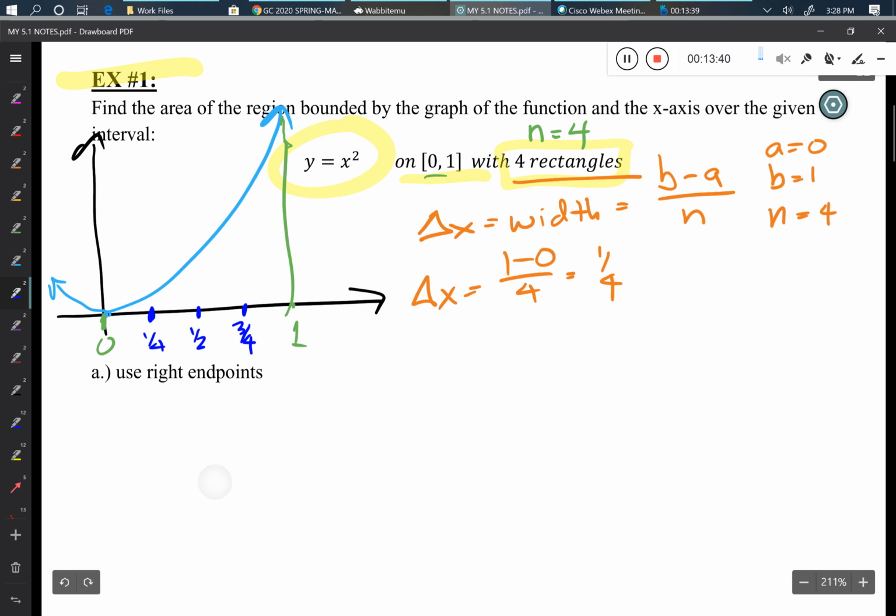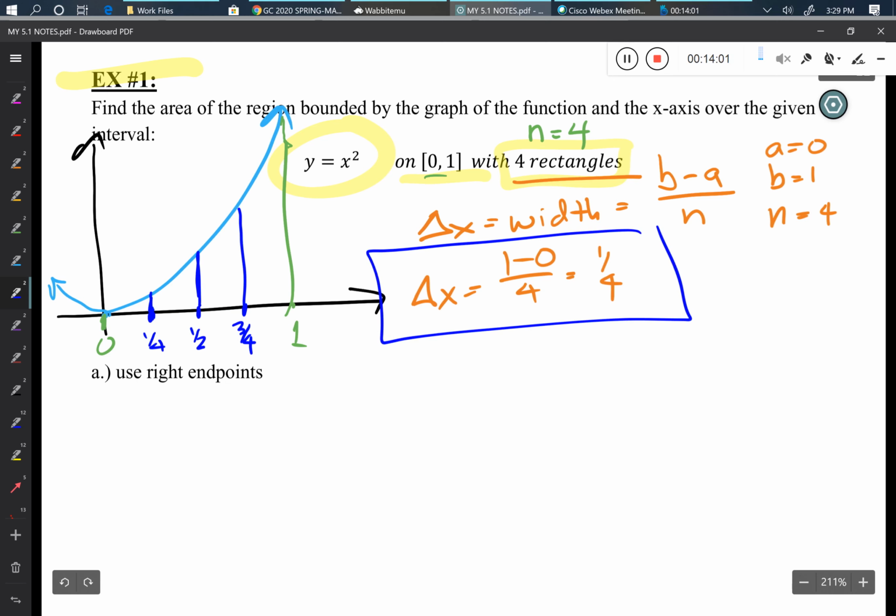And then these strips right here are going to break this up into 4 equal width pieces on the x-axis. Now, how we measure the height hasn't been determined yet, but essentially we're going to measure the height using either left endpoints, right endpoints, or midpoints. But what I know right now is that each rectangle has a width of 1/4.